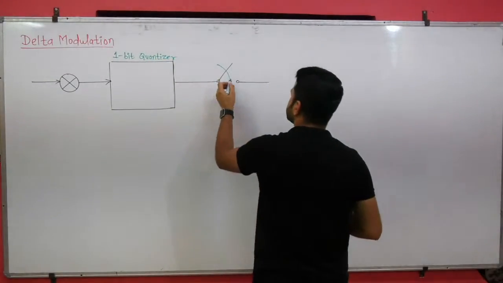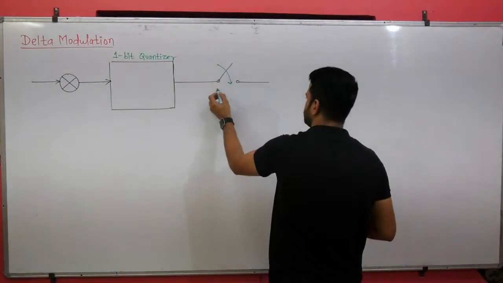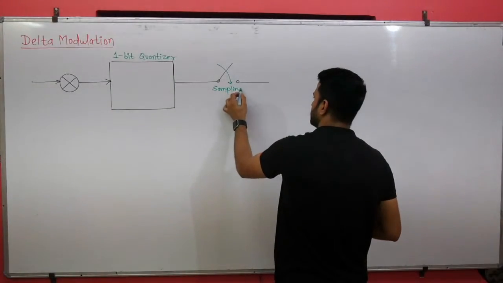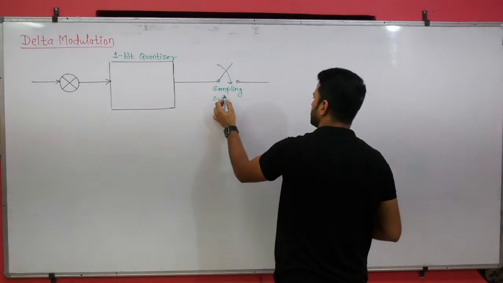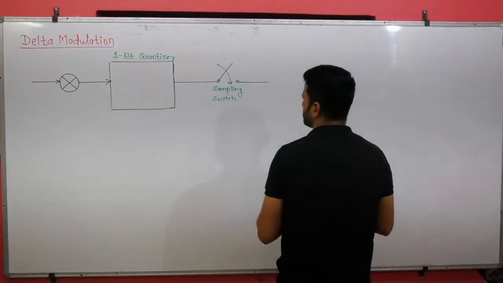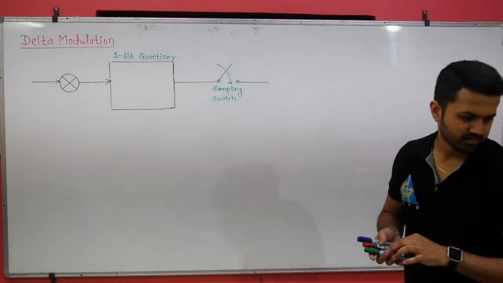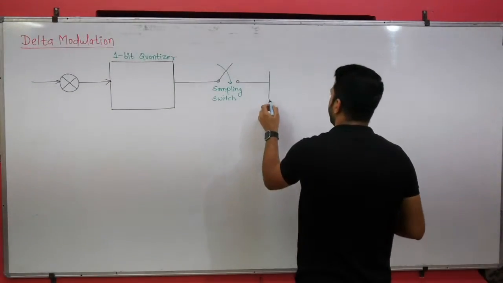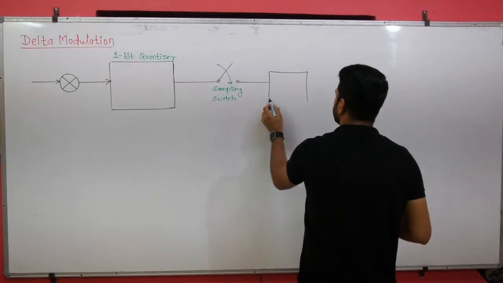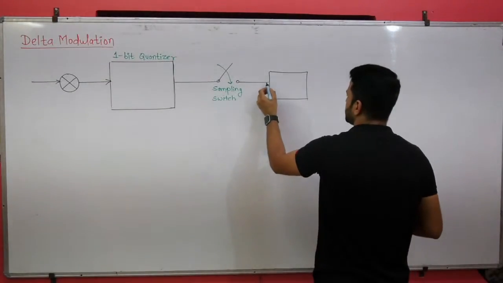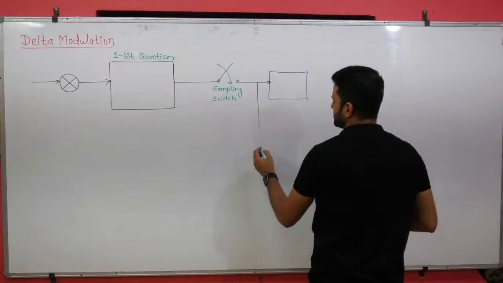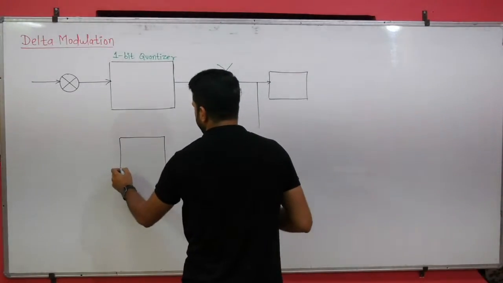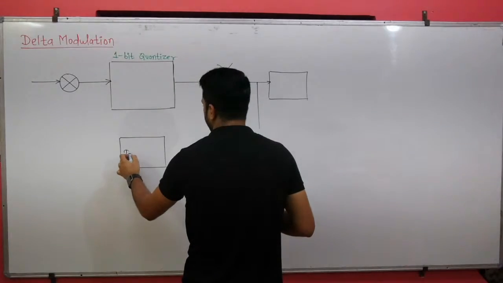And here it is the sampling switch. And the output of this sampling switch is given as input to the integrator by feedback path.